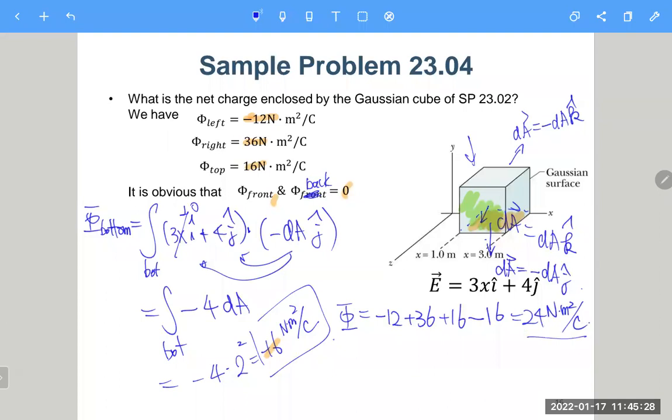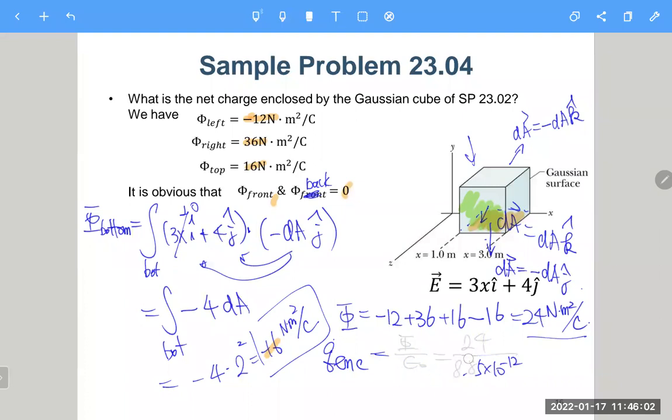So finally, Q enclosed of this Gaussian surface is phi over epsilon naught. If you still remember, phi is epsilon naught times Q enclosed. So Q enclosed is phi over epsilon naught. Okay, so this one is 24 over 8.85 times 10 to the minus 12. Sorry, it should be the other way around.